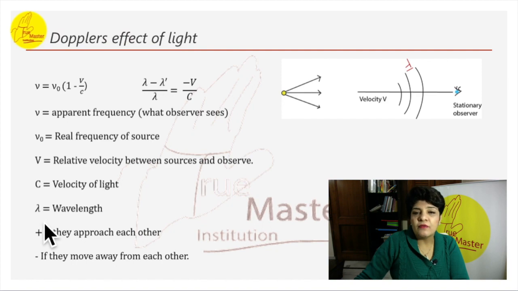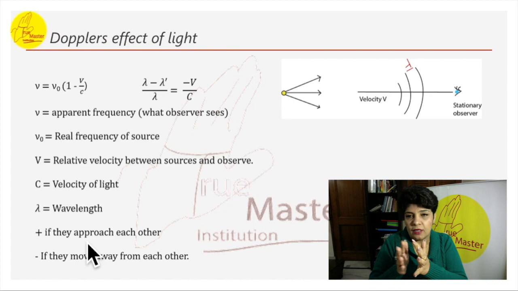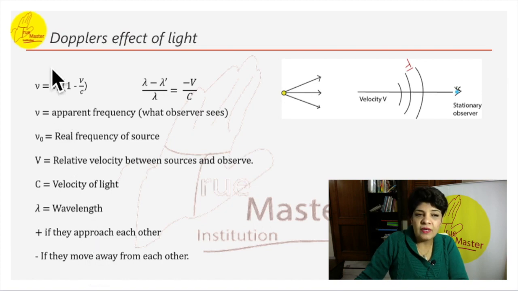Lambda is the wavelength. If they approach each other, then it's positive. If they move away from each other, then it's negative. The formula that we derive is here.